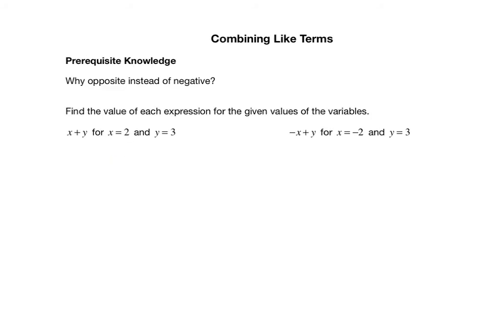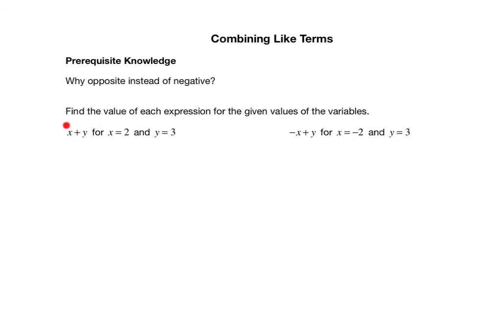To emphasize the importance of why we may want to consider that sign out front of that previous expression as an opposite sign rather than a negative sign, may possibly be pointed out in the following two examples. So we're going to do this one together just to make sure it's very clear what the instructions are here. And then I want you to try this example on your own and see what you get. So find the value of each expression for the given values of the variables.